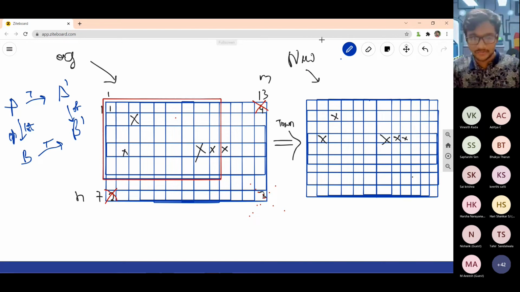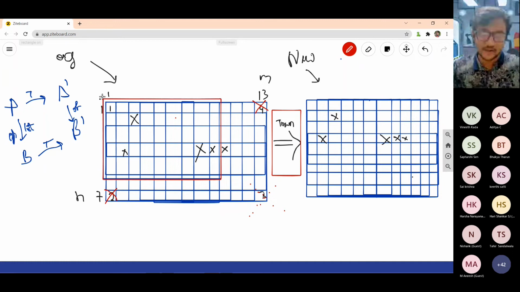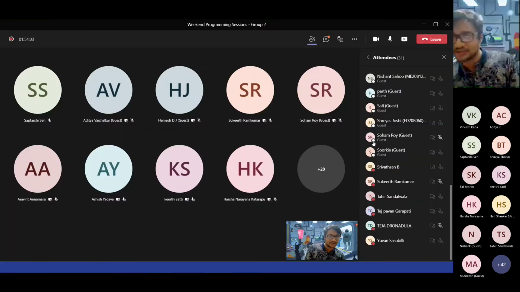So basically our problem is to find a transformation such that whenever an operation like this is applied on the original grid, only a few cells get affected in the new grid. And again, after the transformation, it might be the case that these cells are or are not black. So we need to find such a transformation. Does anyone have any intuition of what the transformation could be?